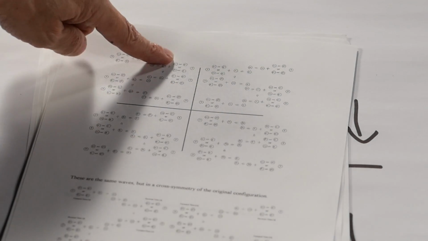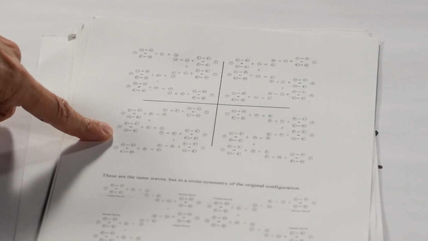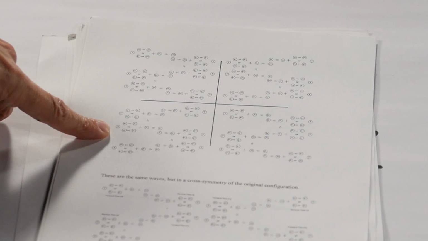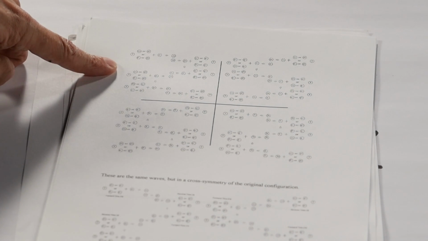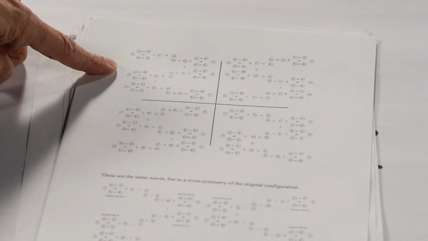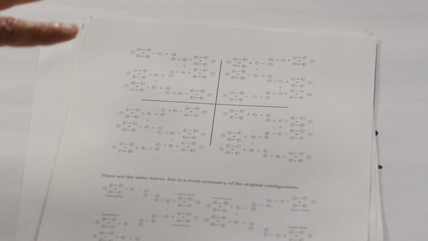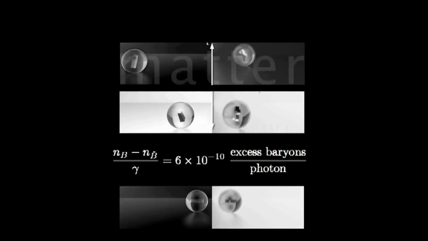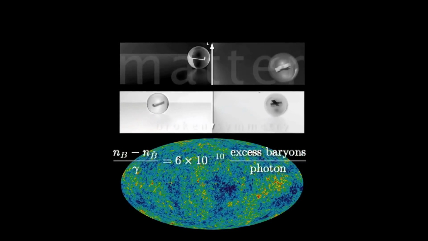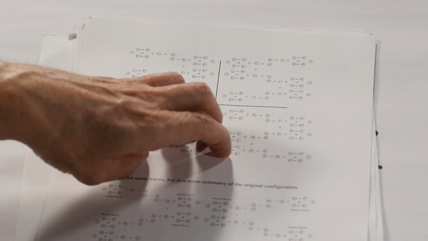So this would be matter composed of particles and antiparticles, and this would be antimatter composed of particles and antiparticles, but the matter are the stable configurations of particle to antiparticle, and the antimatter are the unstable configurations of particle to antiparticle, and that's where we get that ratio of 6 times 10 to the minus 10th, the ratio within here that makes this stable and that unstable.